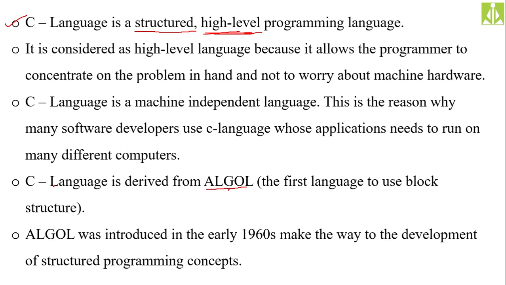When we talk about Algol, it was introduced in the early 1960s. There is no specific year specified, but it was early in the 1960s. This paved the way to the development of the structured programming concept, as Algol follows the block structure.